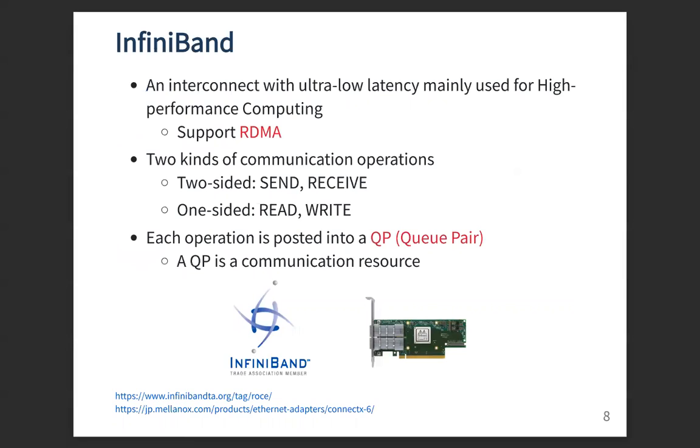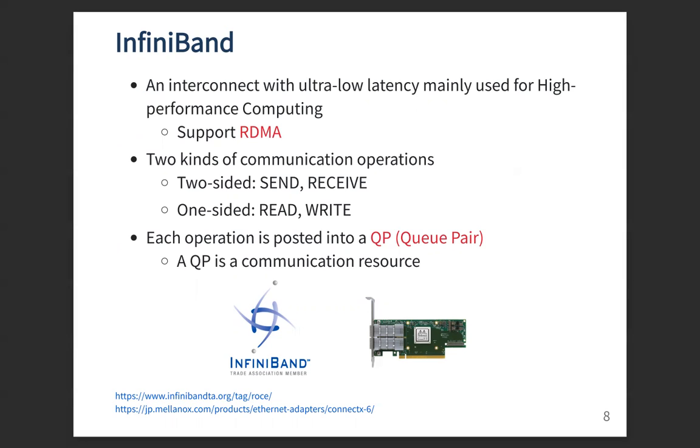First, I'm going to introduce the basics of InfiniBand. InfiniBand is an interconnect with ultra-low latency, mainly used for high-performance computing. This high performance is supported by RDMA. InfiniBand has two kinds of communication operations: one is two-sided operations, such as send and receive, and the other is one-sided operations, such as read and write.